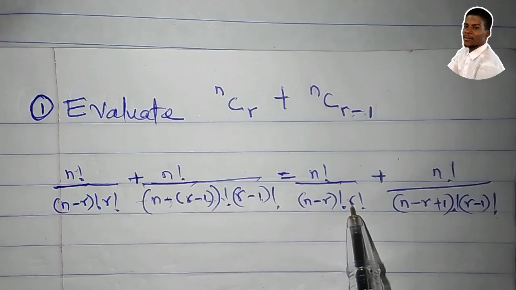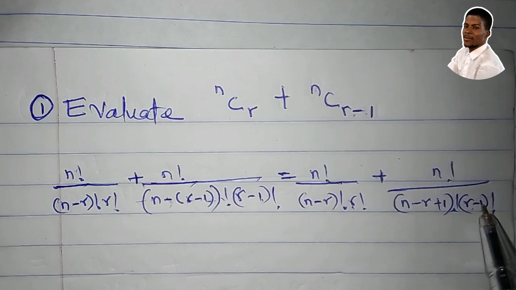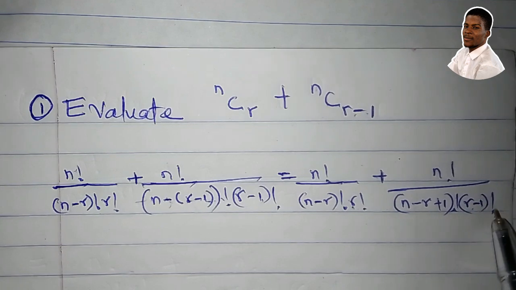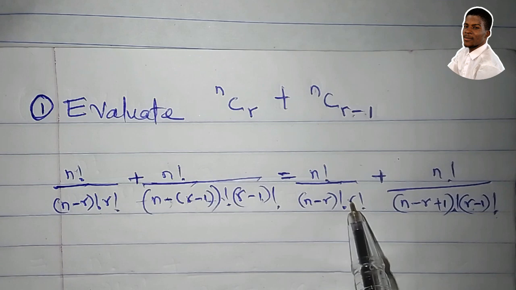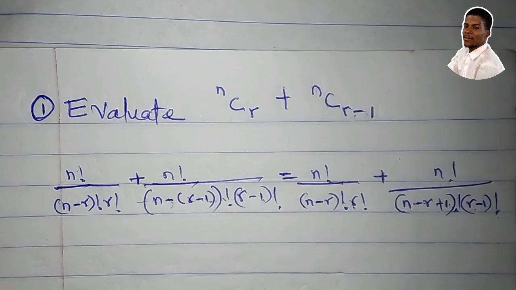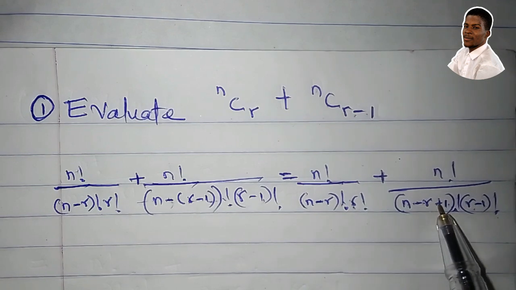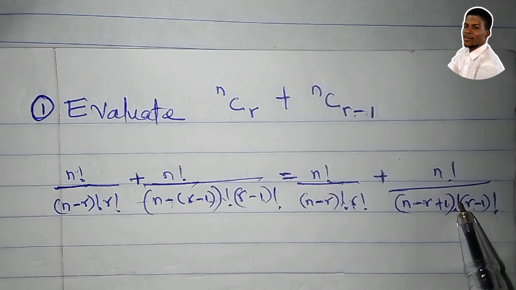r factorial is r times (r minus 1) factorial. Okay, I can see (r minus 1) factorial here. That is to say, (r minus 1) factorial is a factor of r factorial because r factorial contains (r minus 1) factorial. Also, (n minus r) factorial is a factor of (n minus r plus 1) factorial.